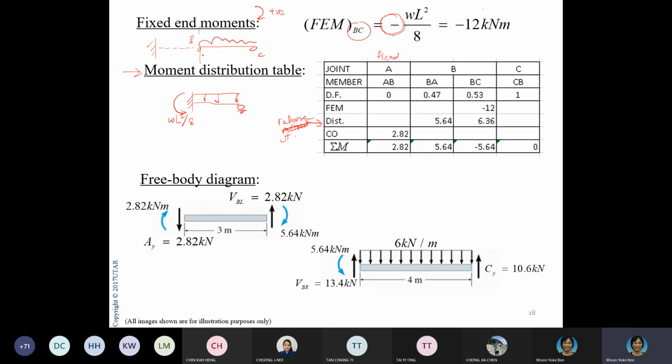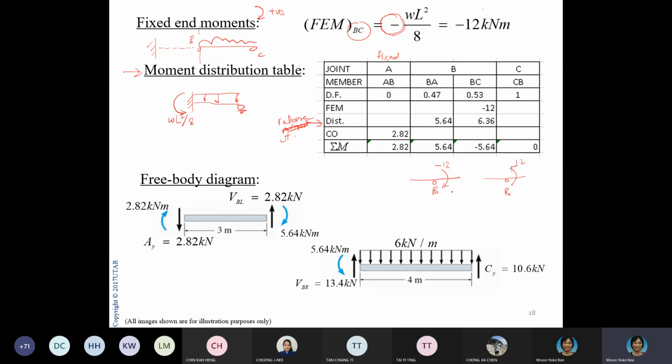When you release your joint B, what happens? You have this moment here, which was this way. I will put it like that, or for the more advanced, you can establish it like that. It's either this or this, it doesn't matter.